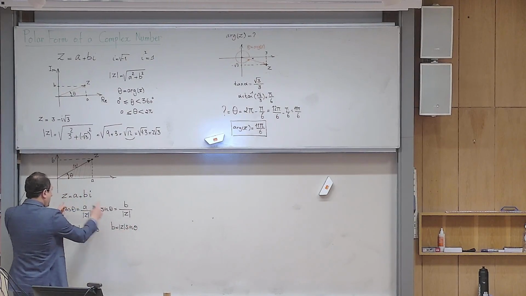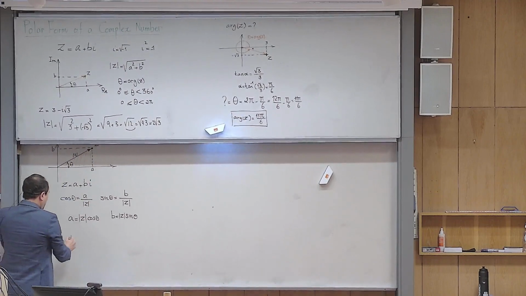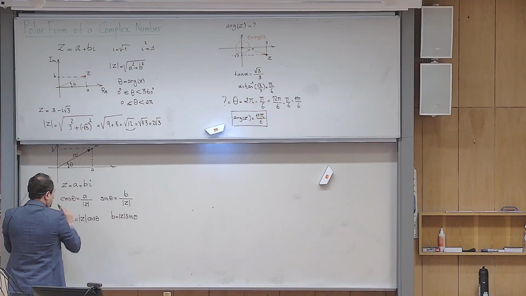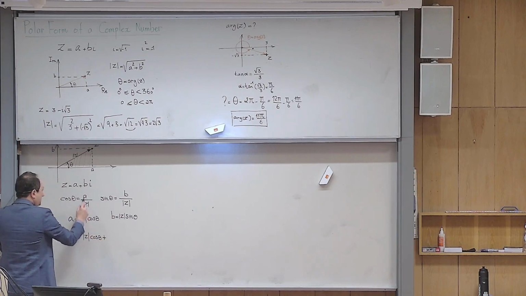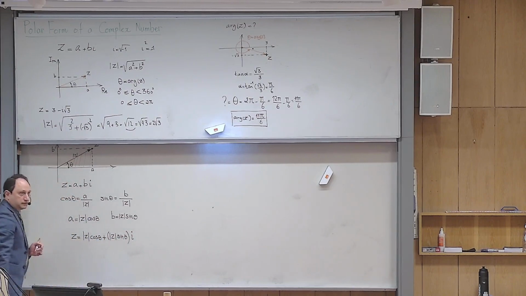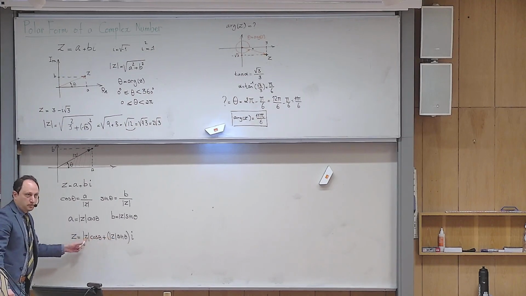And then I put these back into the original form of my complex number. So it means that the complex number z is equal to, instead of a, I put absolute value of z cosine theta plus, instead of b, I put absolute value of z sine theta, and of course I have an extra i here. Yes? And then you see that for simplicity I can factor this number out.